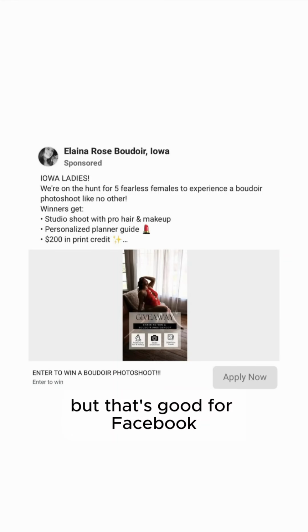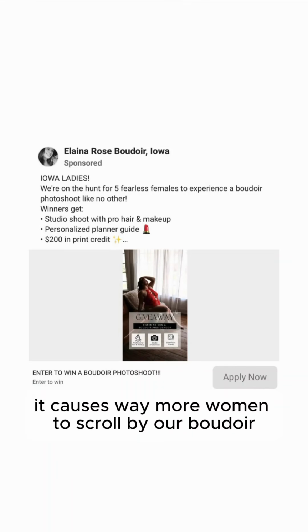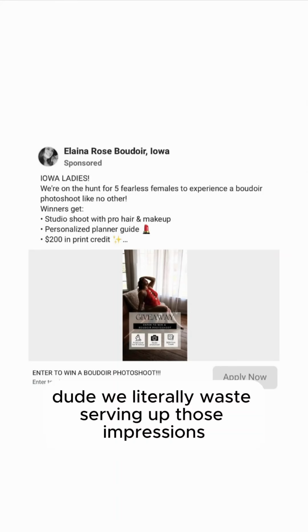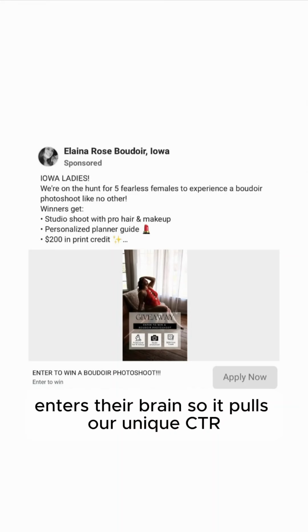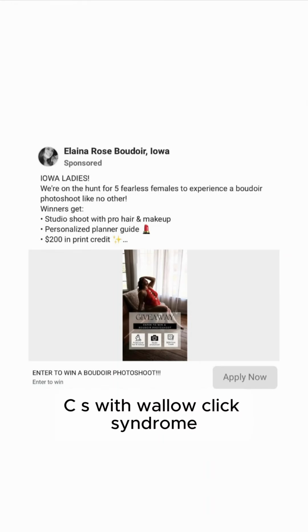But that's good for Facebook. It's bad for us. The consequence is it causes way more women to scroll by our Boudoir Facebook ad than necessary. We literally waste serving up those impressions because the women just scroll by, and our ad never enters their brain. So it pulls our unique CTR under 6%, contributing to BLCS, Boudoir low click syndrome.